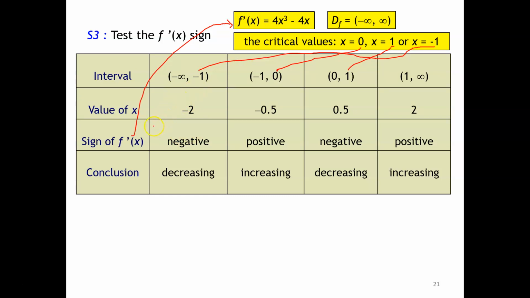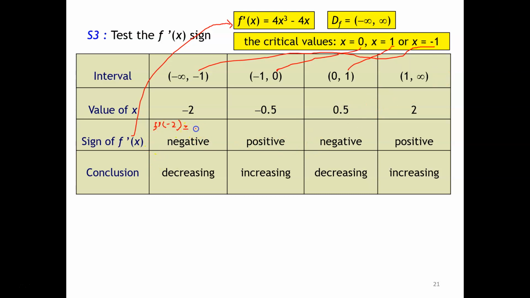For example, I substitute -2. Substitute it in. What did you get? 4x cubed, I substitute -2, minus 4 times -2. Okay, so I get -24.